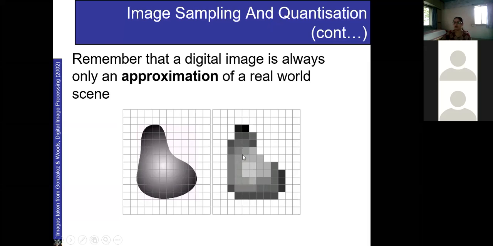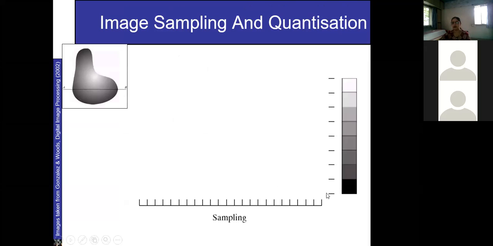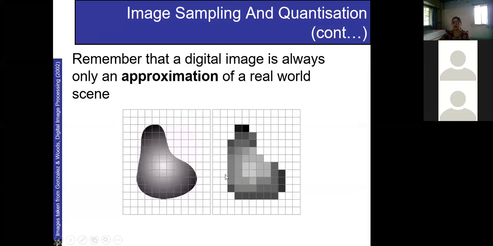This is the effect of quantization. Because of quantization, we are considering only these 8 values. And this square or blocky nature is because of the sampling operation. We are not considering continuous values, but we are considering samples from this grid.